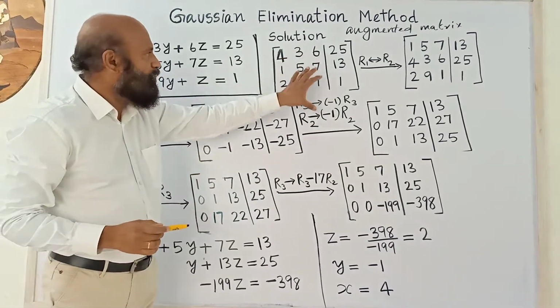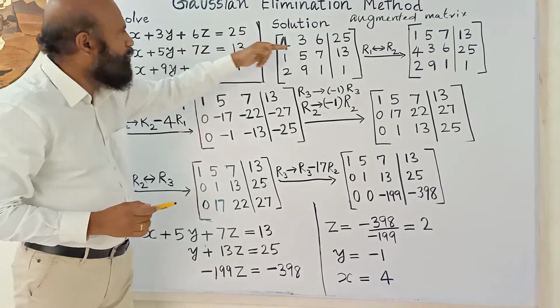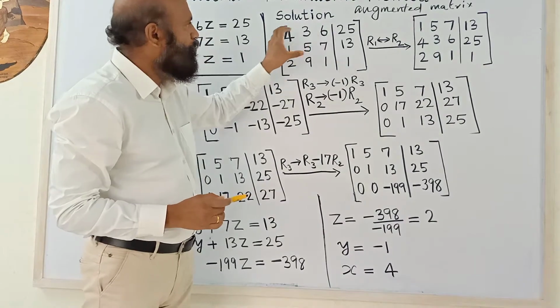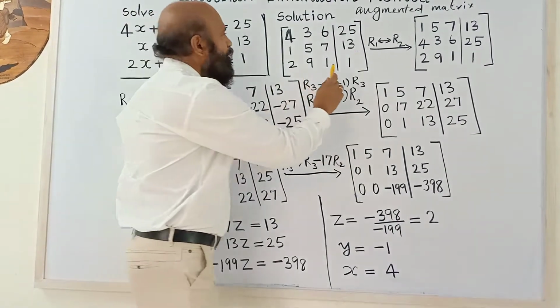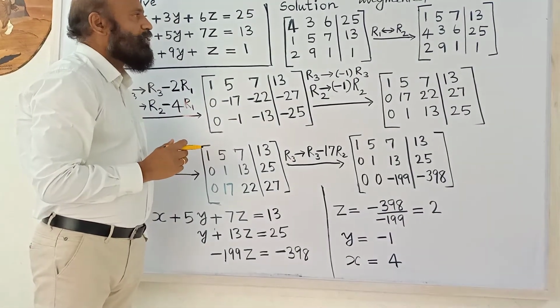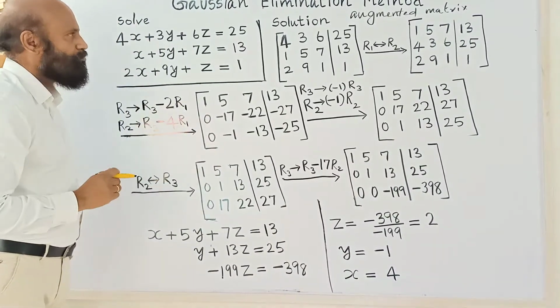With the coefficients, you combine this 25, 13, 1. After combining, this is known as the augmented matrix. On this, we have to do elementary transformations and reduce it to a row echelon form.